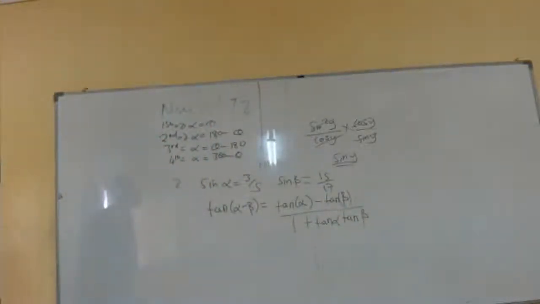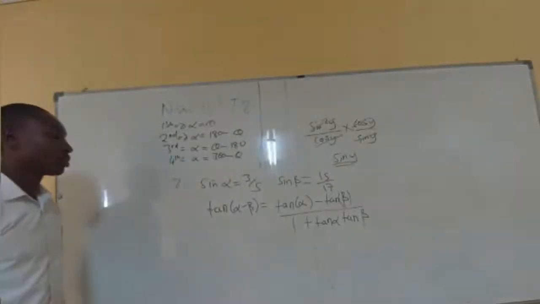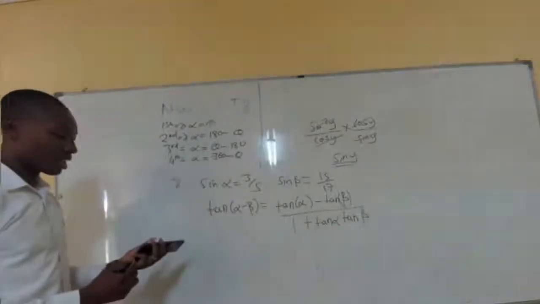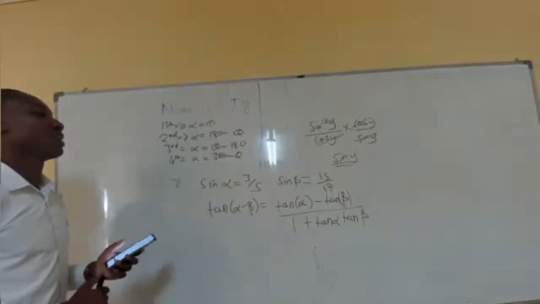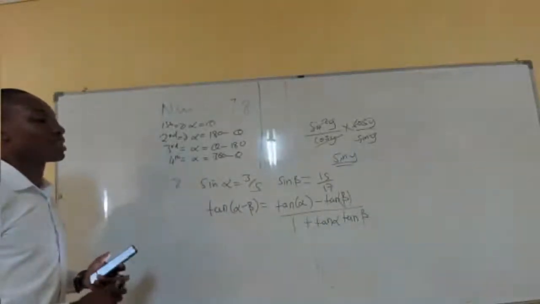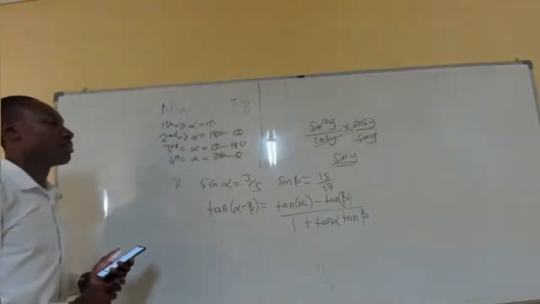So basically, that's your trigonometric identity in question: tan alpha minus beta is tan alpha minus tan beta over 1 plus tan alpha tan beta.